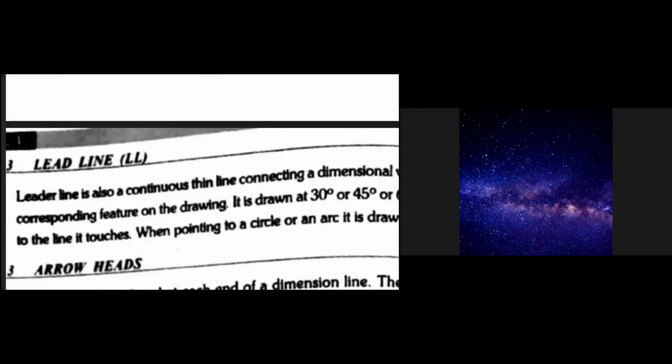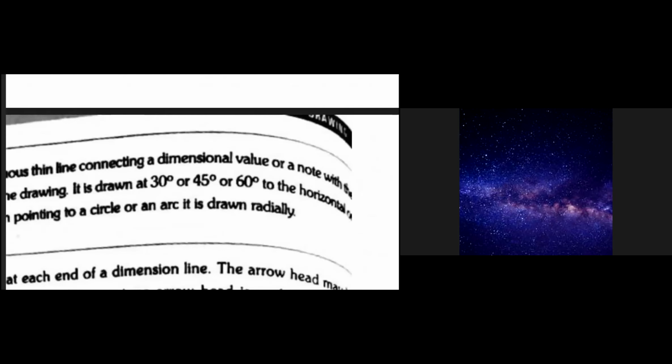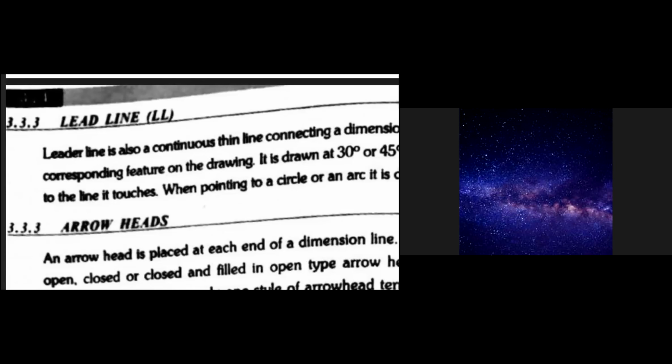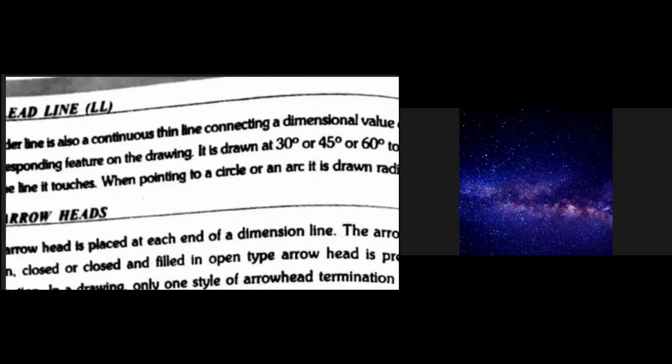This leader line is also a continuous thin line connecting the dimension value or a note with the corresponding feature on the drawing. The arrowhead is drawn at an angle of 30 degrees to the horizontal, and we can write the text on the arrow indicating its dimension value.